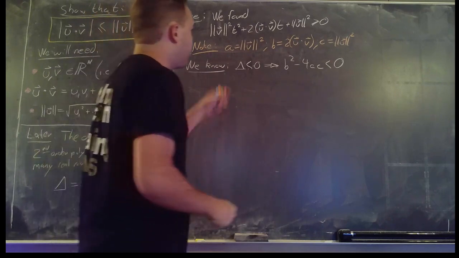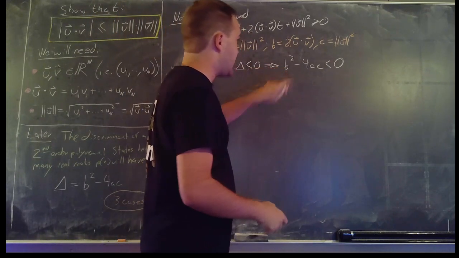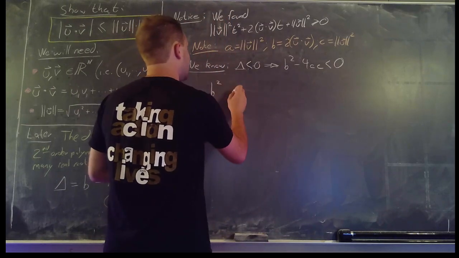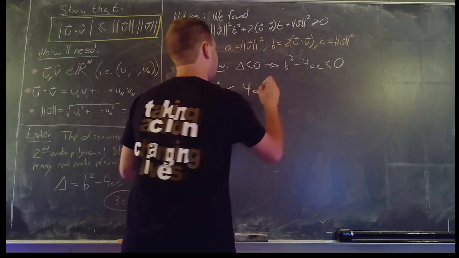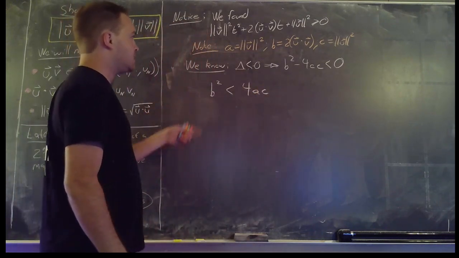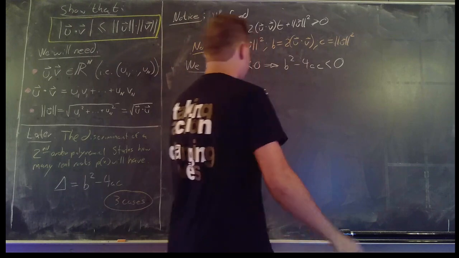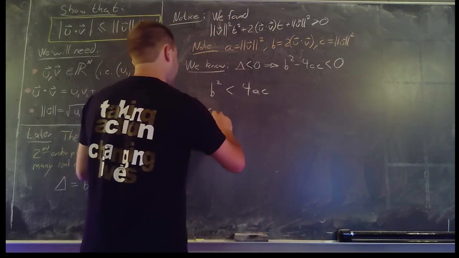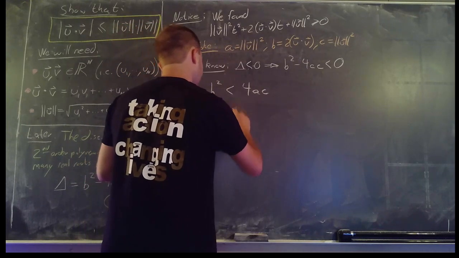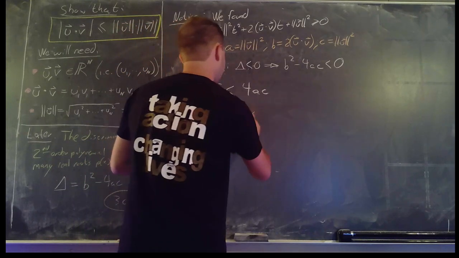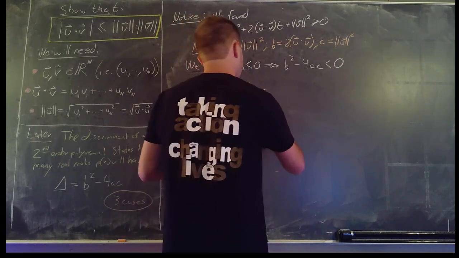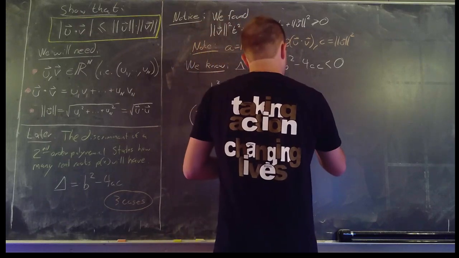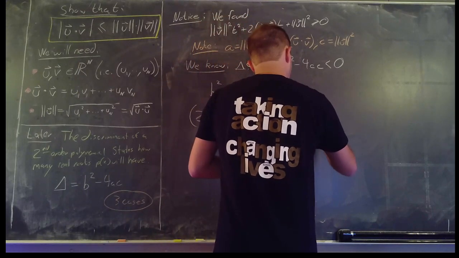Now, rewriting this statement of the discriminant being less than 0, we come up with b squared less than 4 times a times c. And now if we substitute our values for a, b, and c back into this statement, then we have that b, which is 2 times u dotted with v, squared, is less than 4 times a, which is the length of v squared, and c, which is the length of u squared.